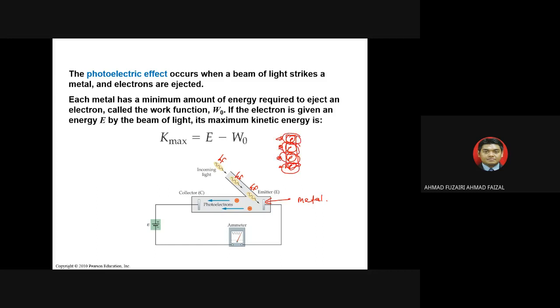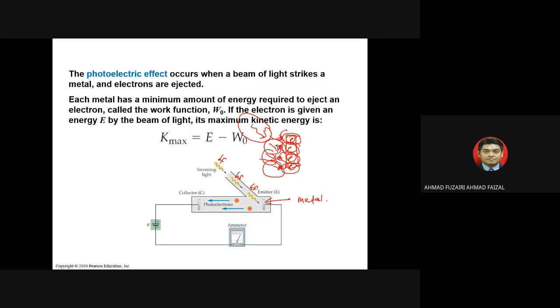So you can see that the electrons are in the valence shell, at the outside. When the light strikes the metal, the light will strike this electron, this electron, and this electron.